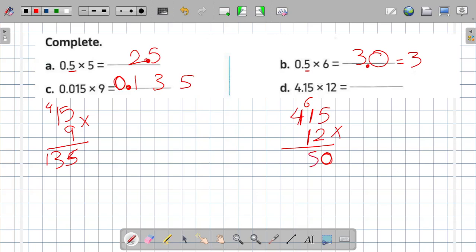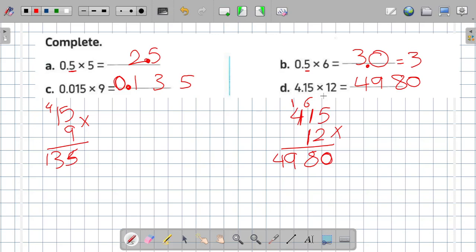So I will put 8 and carry up 1. 12 times 4 equals 48. And 48 plus 1 equals 49. So the result will be 4, 9, 8, and 0.